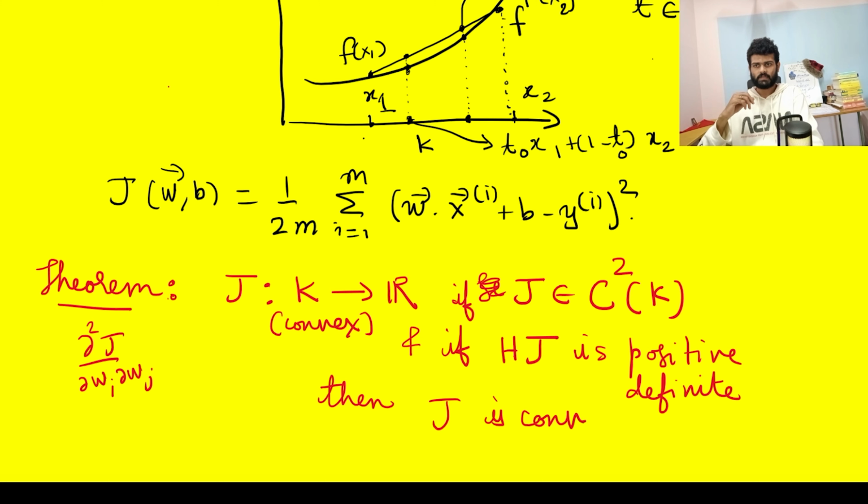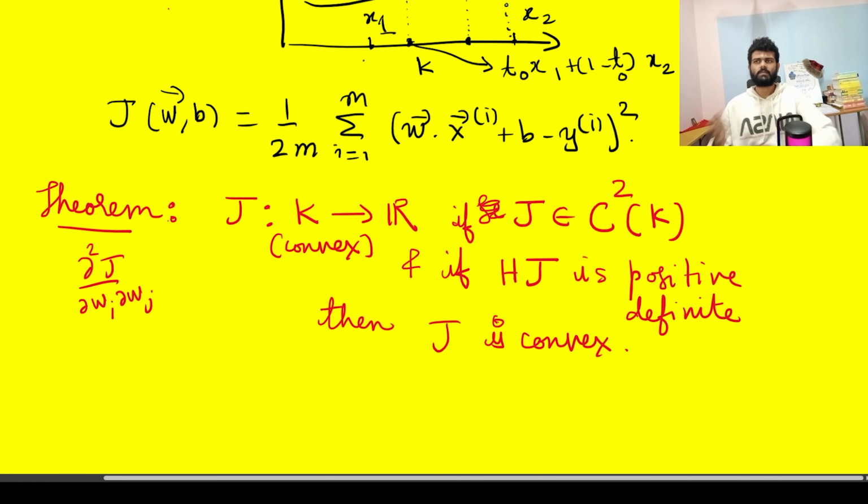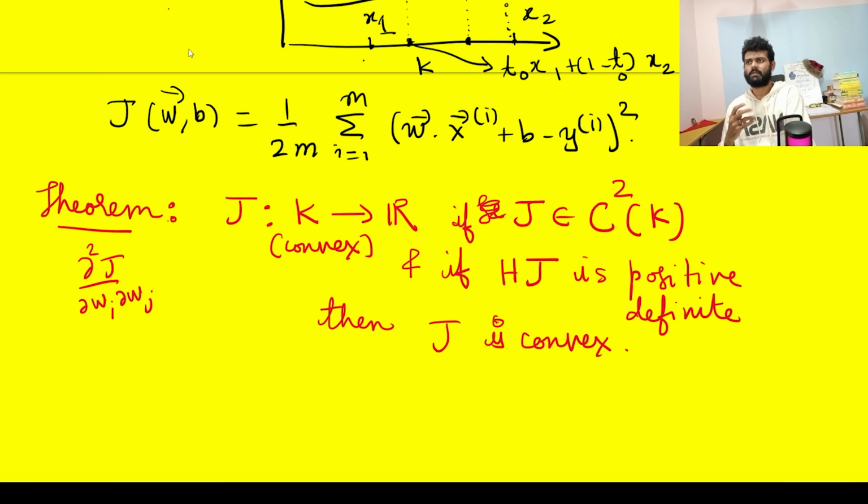Then J is convex. Here are certain terms that I need to explain a little bit. First, what is a positive definite matrix?